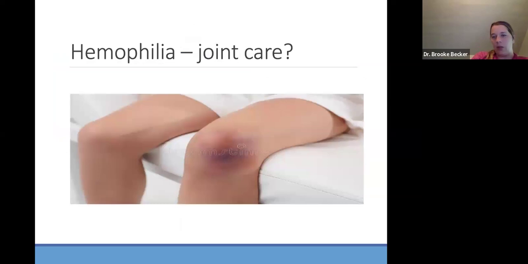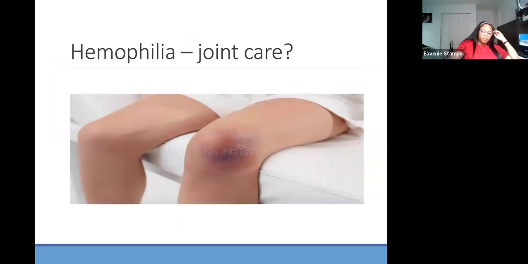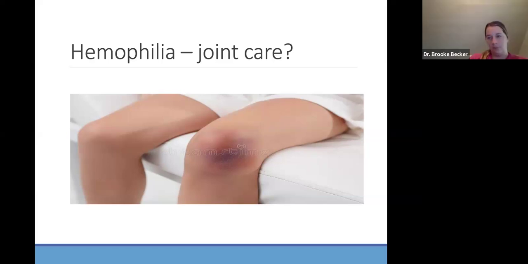Hemophilia, joint care. What are you doing for hemophilia? Pain management, drawing blood from joints, possibly surgery. What else? There's a medicine that parents can give.